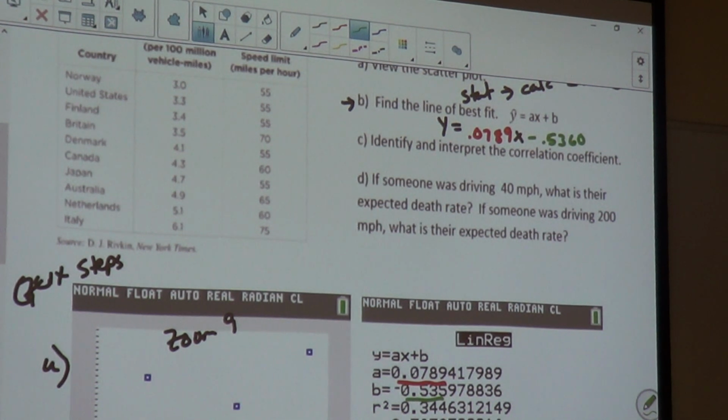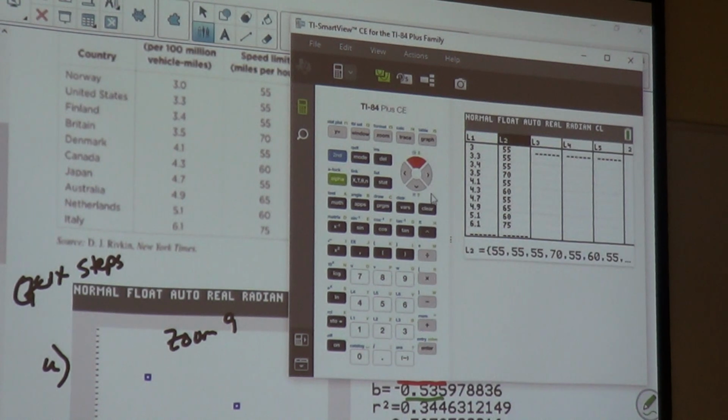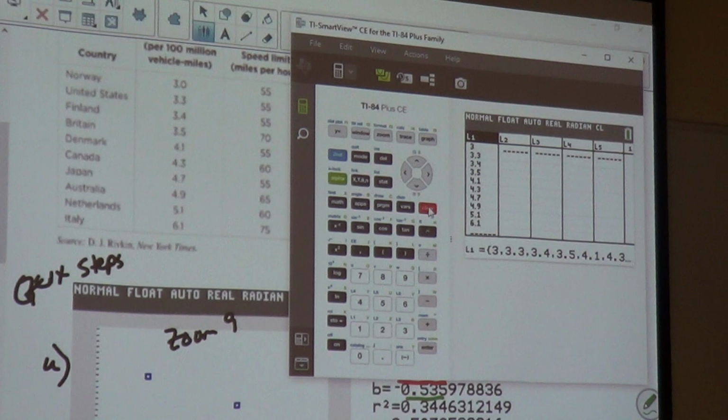I don't know why the laptop is different from yours. I entered it correctly. Did I enter something wrong? I think so. Okay, hold on. Checking mine. When I go in and enter them: clear, enter, over, clear, enter.